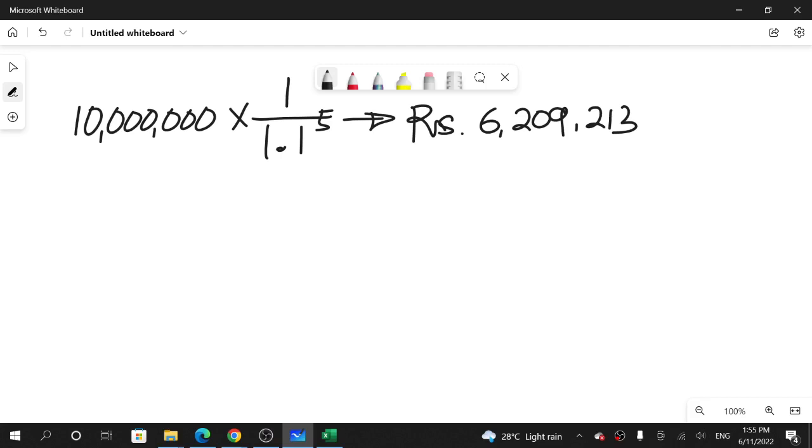That is using 10%. So this is the value that we arrived at. Okay, then what should we do?